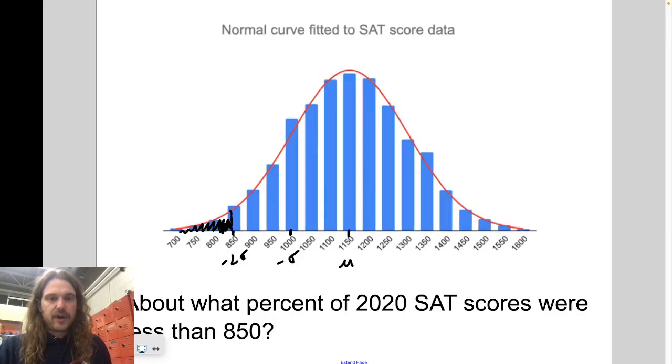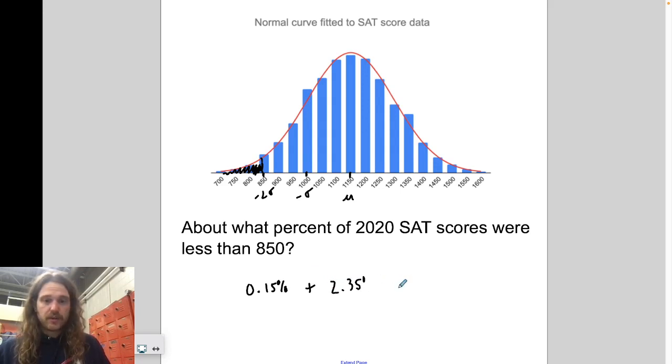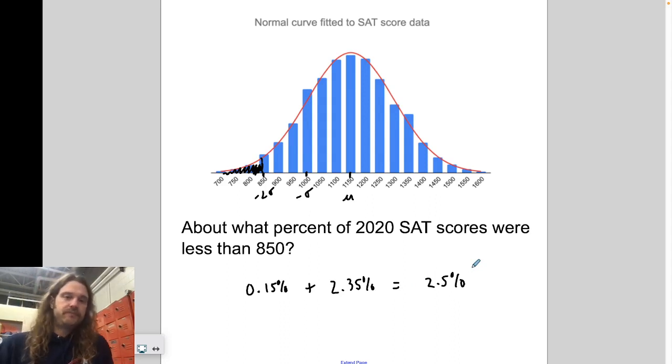So using that empirical rule, to get that area, all we have to do is add those 2 little blocks, 0.15% plus 2.35%, which is equal to 2.5%. So 2.5% of the SAT scores were less than 850, about 2.5%.